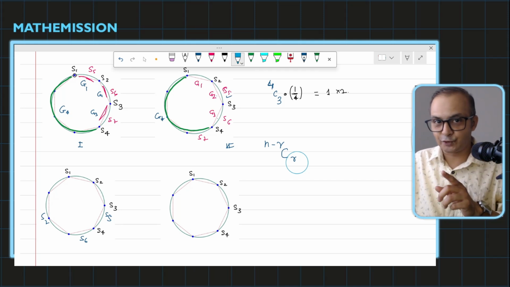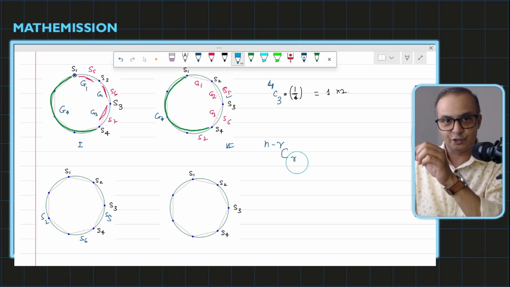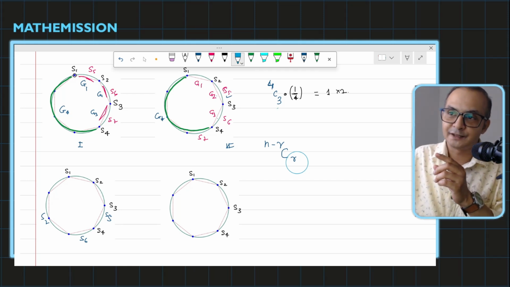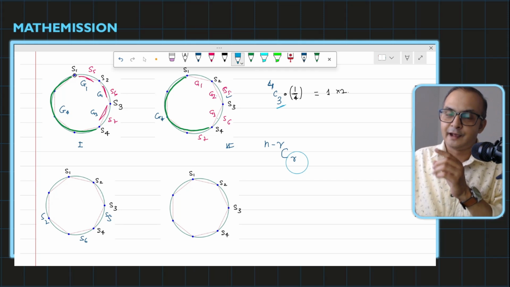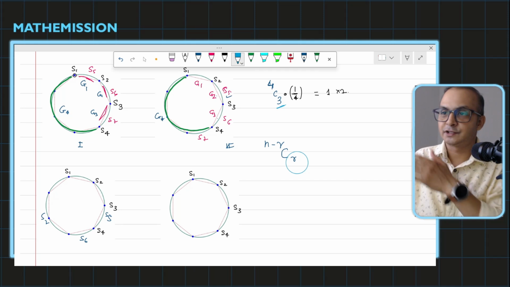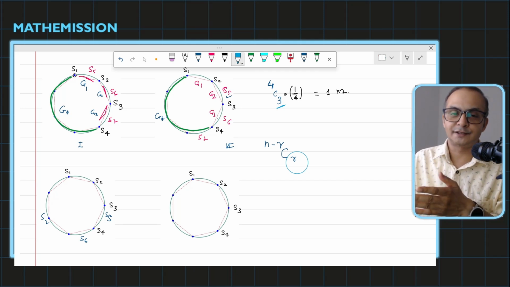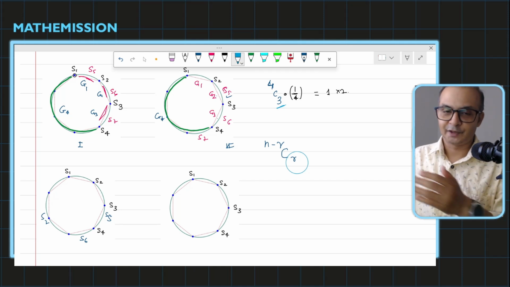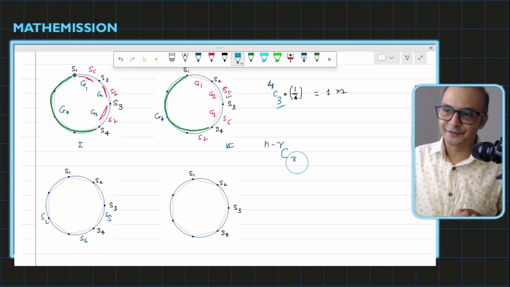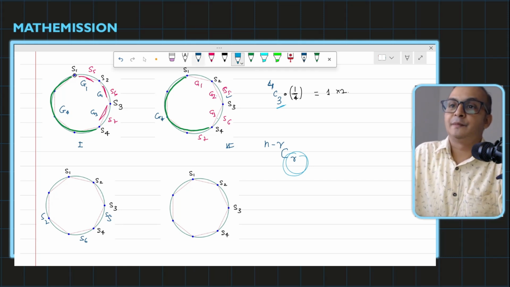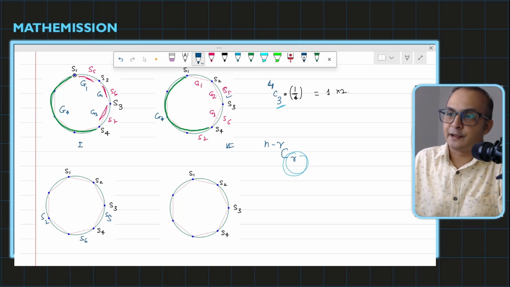For each 3 choice, we have counted each choice 4 times. Each 3 choice means S1, S2, S3 can be our choice, or S5, S6, S7 can be our choice. In the same way, for each R choice, I'm counting each choice n minus R times. So our duty is to divide by n minus R.